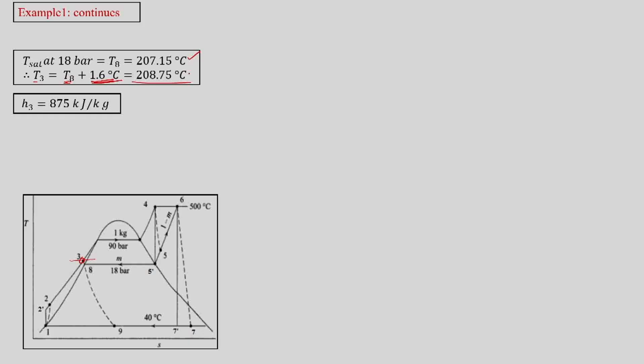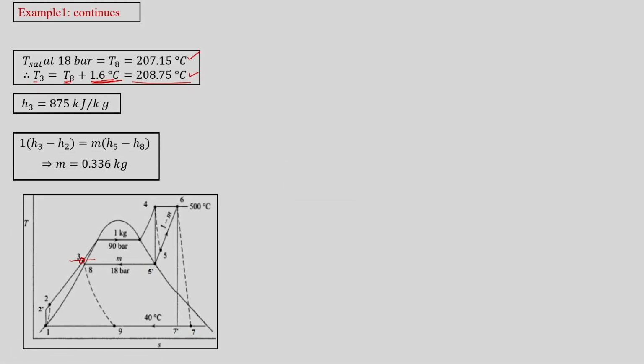This enthalpy would be available again in some steam tables. Otherwise, we could also approximate it to the saturation temperature as 208.75 degrees Celsius, and that saturation liquid enthalpy can also be approximately taken as equal to the same. Then, knowing this, we can find out M, which is the mass given for the bleeding, from the energy equation.